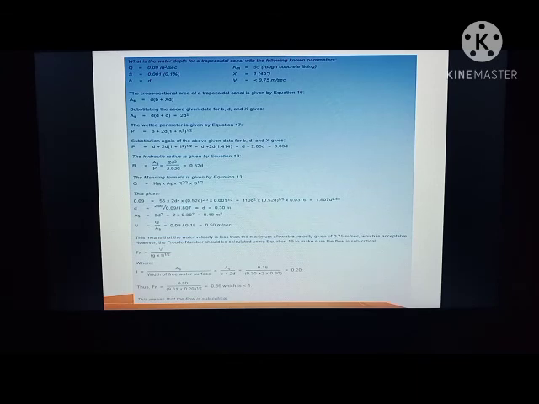The wetted perimeter is given by the equation P is equal to B plus 2D multiplied by the quantity of 1 plus X squared raised to 1 half.